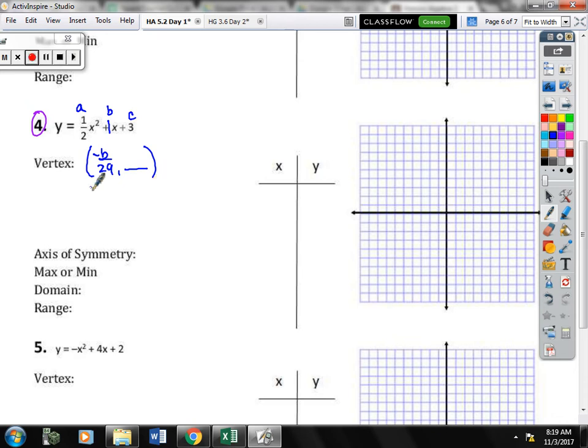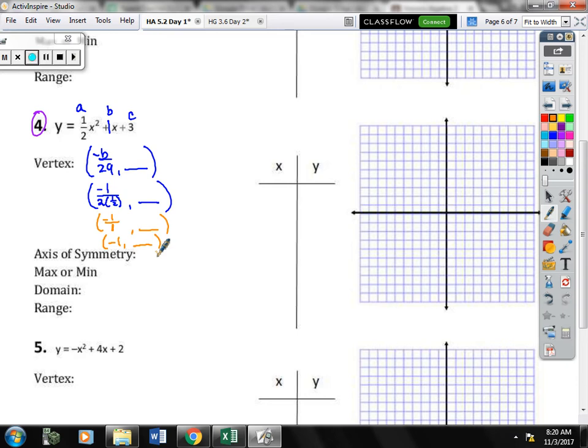So that will be -1 over 2 times 1/2. And then you always want to multiply the numbers in the denominator first, because sometimes the fraction will go away. In this case, it does. 2 times 1/2 would be 2 over 2, which is just 1. And then -1 divided by 1 is just -1.